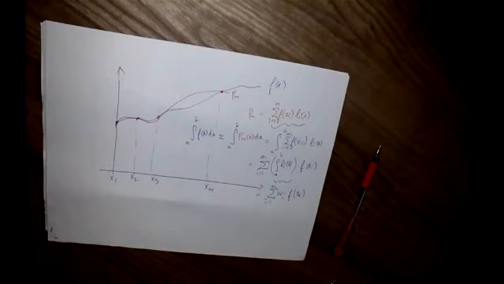And now your exact integral is approximated by this integral of the Lagrange polynomials. And you see the weight here is just the integral of the Lagrangian. So the weight is just the integral of Lj from a to b.